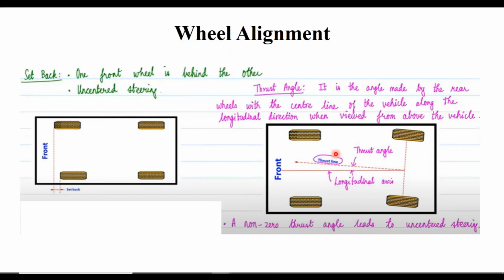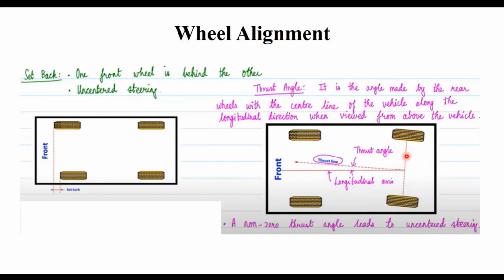I have a longitudinal axis. This is the longitudinal axis, and I also have the angle. This is the center line basically. What happens? You can see there is a shift happening in the rear wheel, because it is not straight like the front.